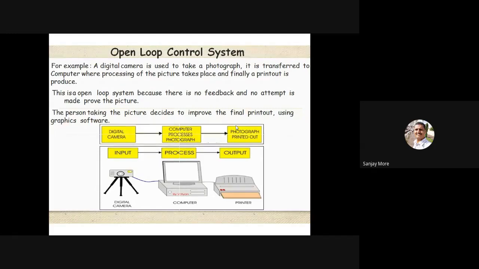This is an open loop system because there is no feedback and no attempt is made to improve the picture.